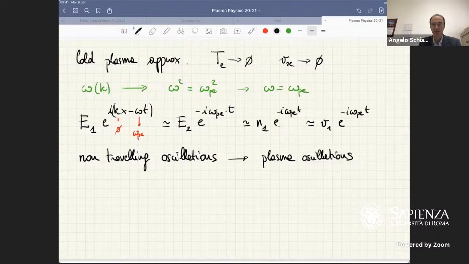At which speed? At the characteristic speed of the wave. So if instead the temperature of the electrons is different from 0, then the characteristic velocity is different from 0, and then we have plasma waves.